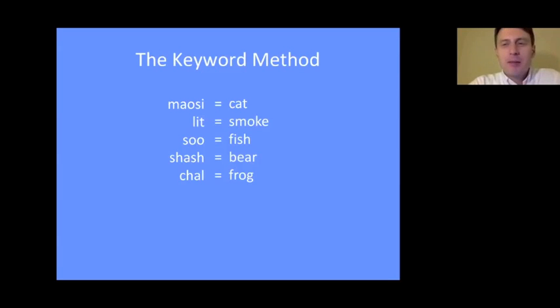Well, okay, maybe not. This is just an example of how we might do it. And if this is real strategy instruction, we'd go through this a lot more. And ideally, everybody would come up with their own keywords. The other thing was that we were using all concrete nouns, which maybe the keyword method is especially appropriate for.